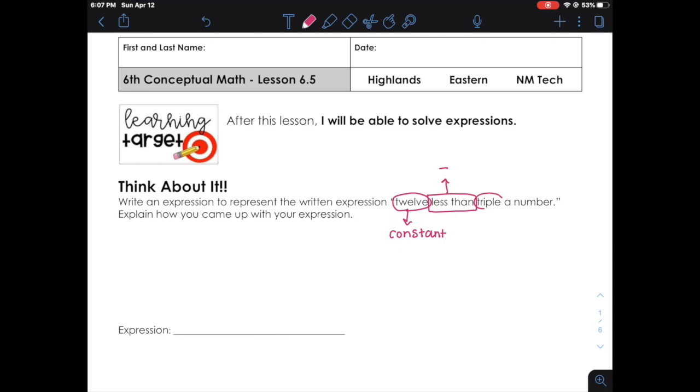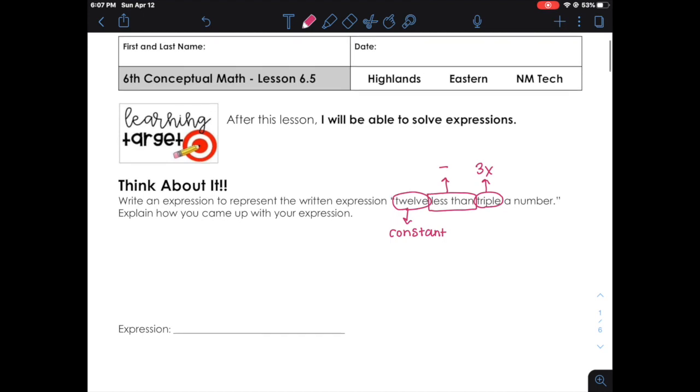What does the word triple mean? Doesn't that mean 3 times? If I wanted a triple cheeseburger, wouldn't that mean that I had 3 patties on my cheeseburger? So I'm multiplying by 3. And then we have a number, which again, we'll just use the variable n.